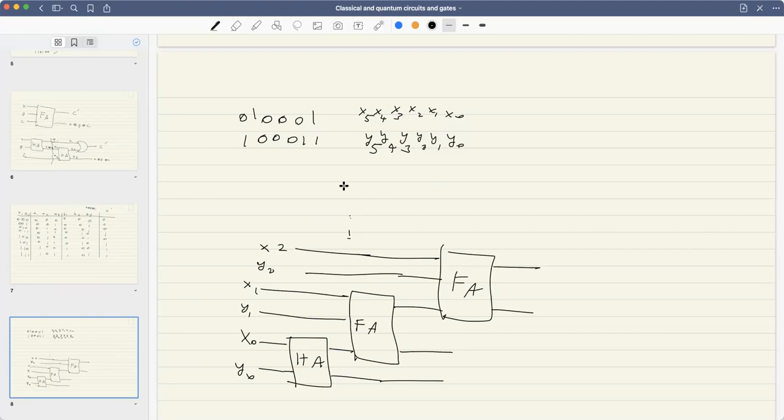So that's an example of a classical circuit that's designed to perform a computational task, right? It takes input as a bunch of zeros and ones. It manipulates them in some way in order to produce an outcome that we want.